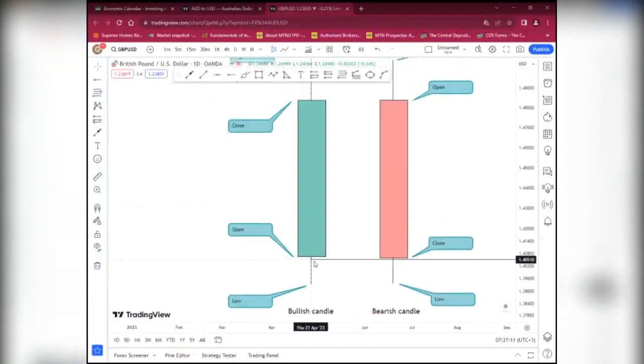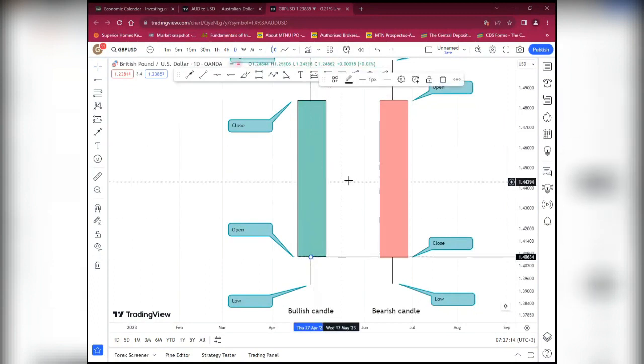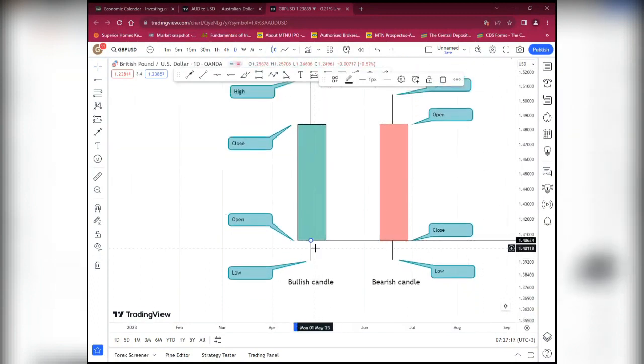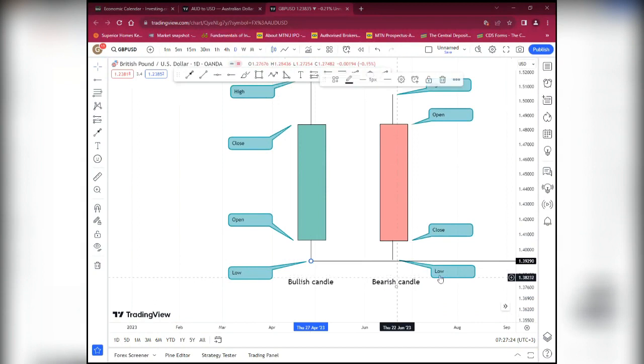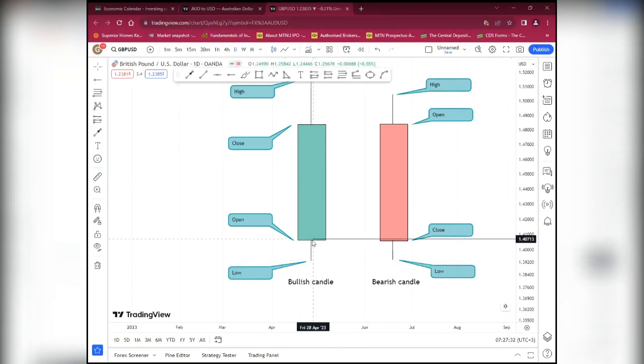These are the opening prices of this bullish candle, and this was the low. This is the lowest place that this candle actually ever ran deep, which was 1.39290.